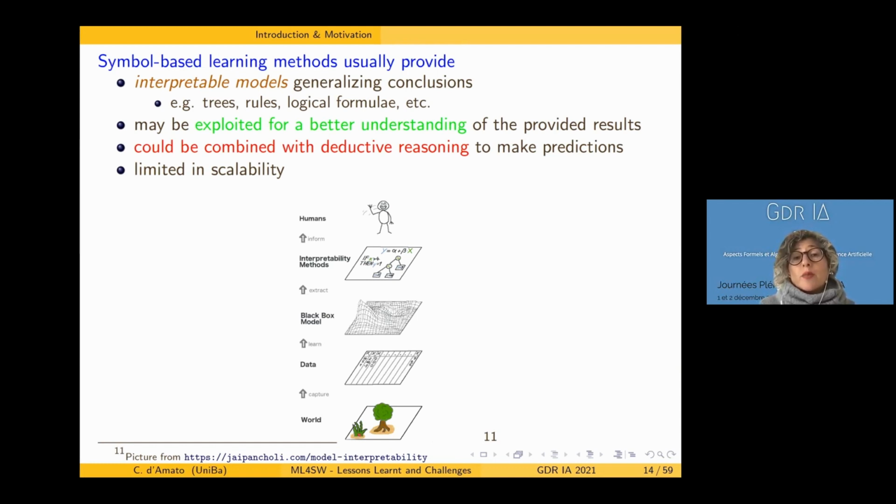It has also been proved that it is possible to integrate and combine these symbol-based learning methods with deductive reasoning capabilities to make predictions and to improve the quality of the prediction. But as I said before, despite the effort of improving the ability of these methods to scale, and indeed several results have been registered in this regard, still they cannot be directly applied to a whole knowledge graph.